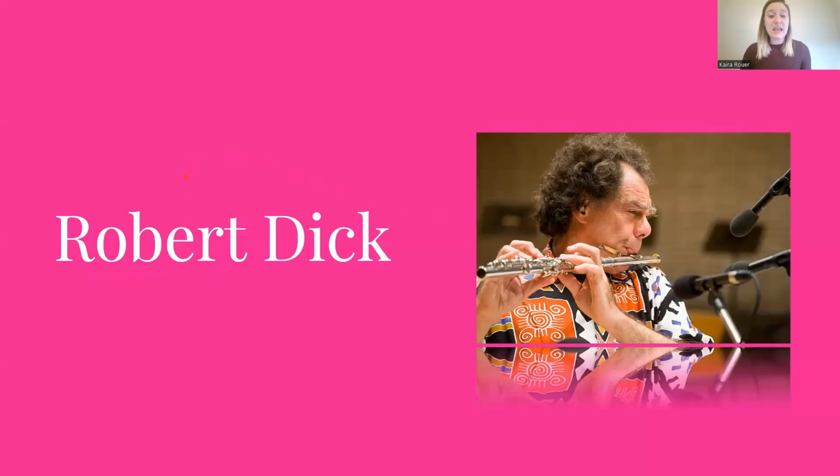And Robert Dick actually invented a flute head joint in the late 80s, early 90s, which is kind of just starting to gain traction in the flute world. But it is called the glissando head joint, and it's pictured here in this picture. So it actually has two prongs that hug your face, and then you can slide your flute.